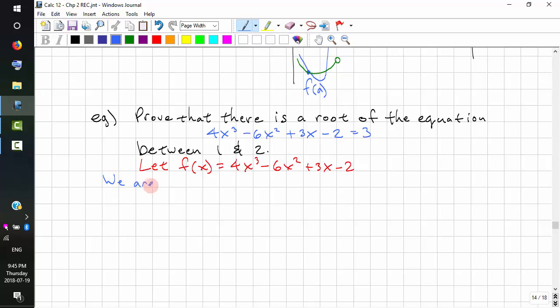We are looking for a c between 1 and 2 such that, and we say "such that" a lot when we're doing proofs, so we abbreviate it as s.t., f of c equals 3. This is our n.